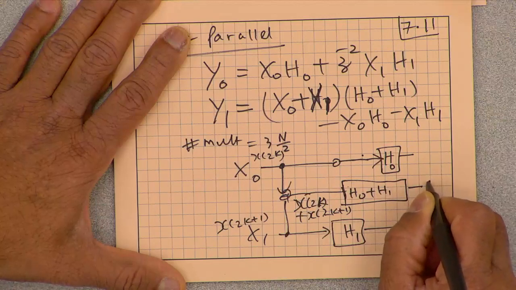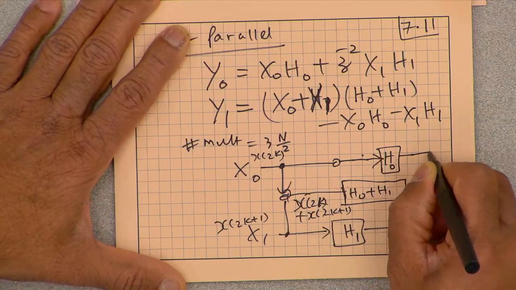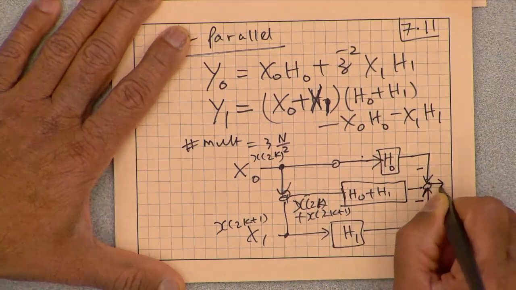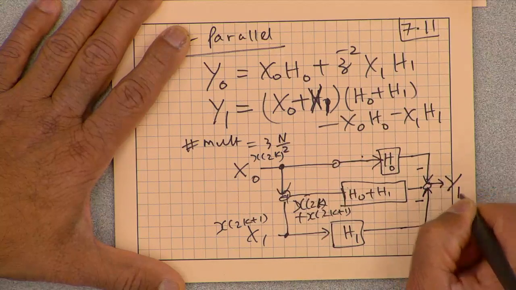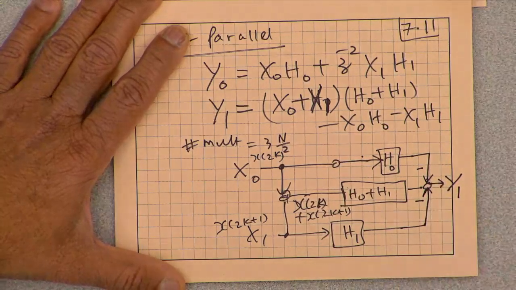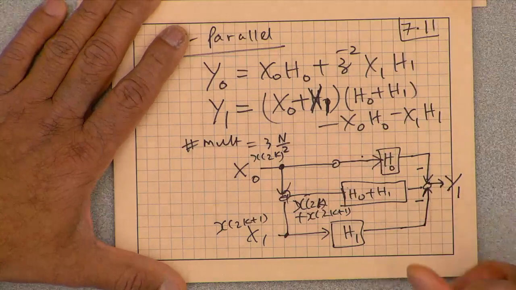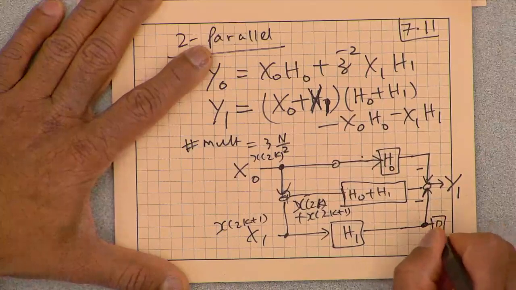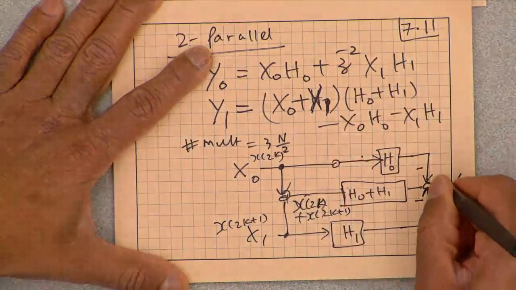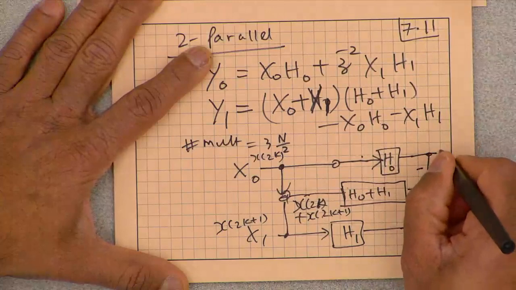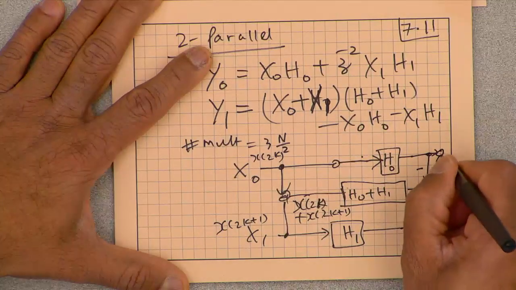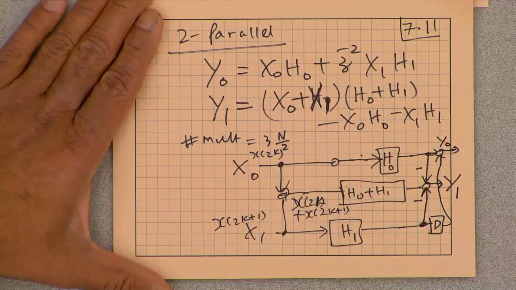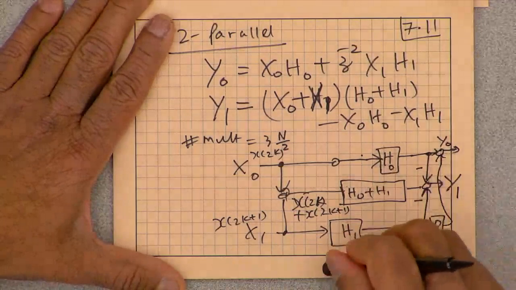Then I subtract this, I subtract that, and that is y1. So the odd output y2k plus 1 is here. To get the even, we take this, multiply by a delay, which is z to power minus 2, and then add to that. That's y0. Very simple. So from 4 subfilters, I have 3 subfilters.